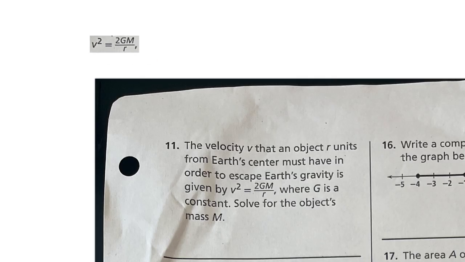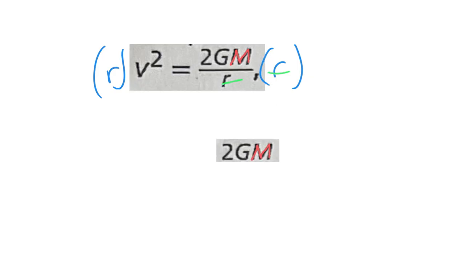Now, in order to get the M by itself, you have to get rid of the stuff that's far away from the M. That might not be obvious here, but the thing to treat as quote unquote far away from the red M is this R, because it's on the bottom, in the denominator. So in order to get rid of that R in the denominator, you have to multiply both sides by R. That would cancel these.